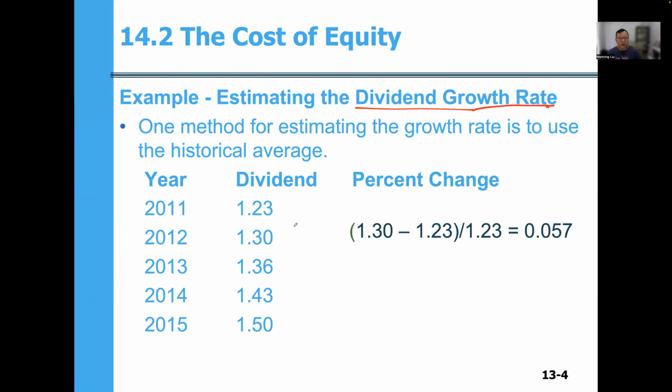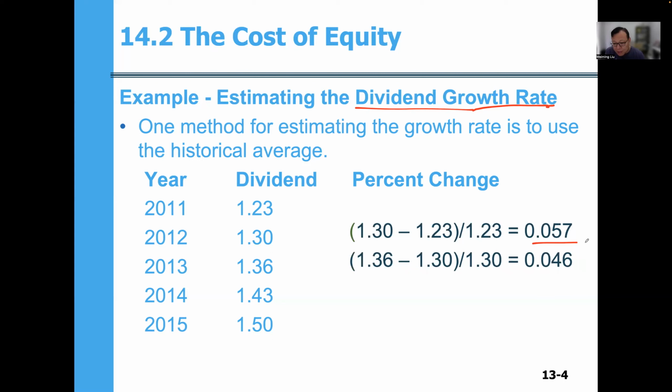In 2012, I use the dividend for 2012 minus the one in the previous year, divided by the one in the previous year, and I get a growth of 5.7% for 2012.